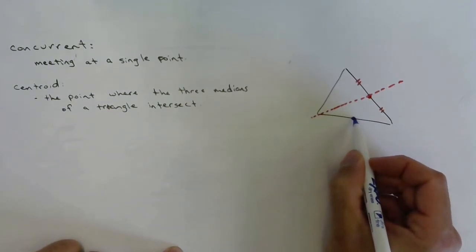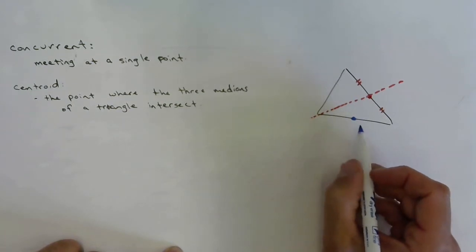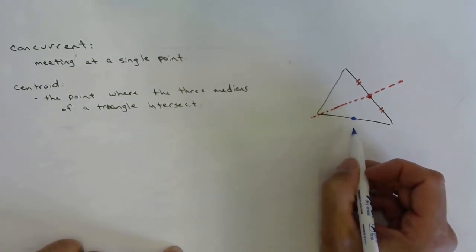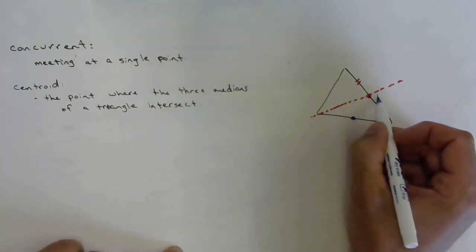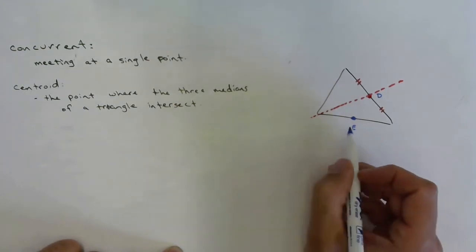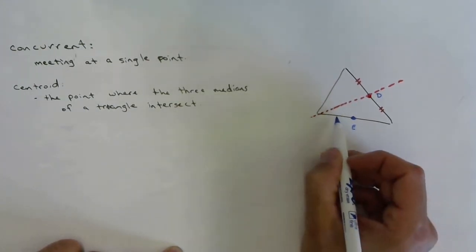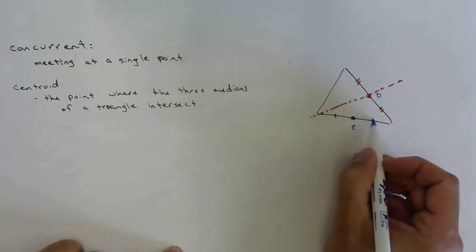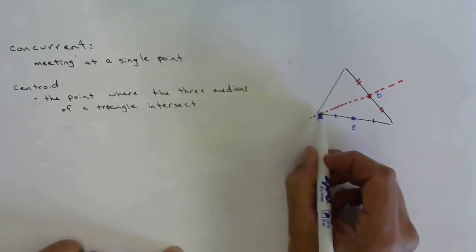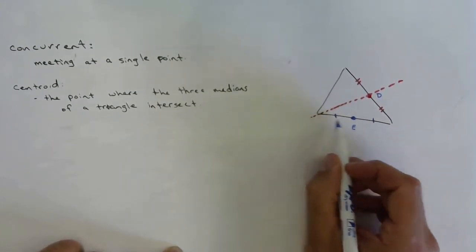So I'm going to draw the midpoint of another side. As I'm doing this in my work, using algebra, using my midpoint formula, I'd be labeling all these things, keeping my work nice and organized. Let's call that one D. Let's call this one E. And if I'm drawing a diagram, which I'm going to have to do a lot this unit, I also want to note that this is the midpoint, which means it's bisecting this side of my triangle.